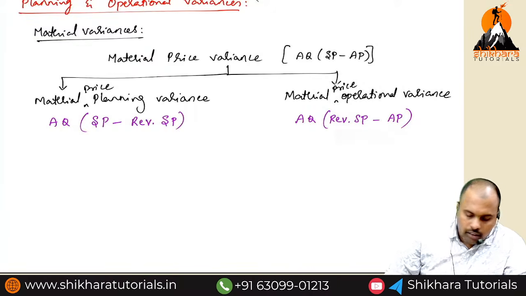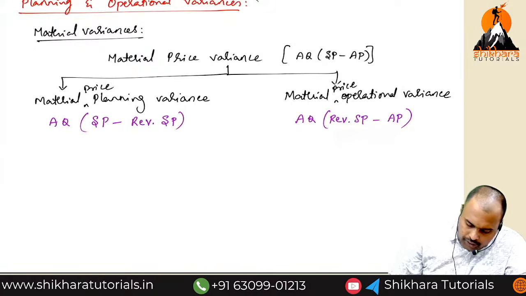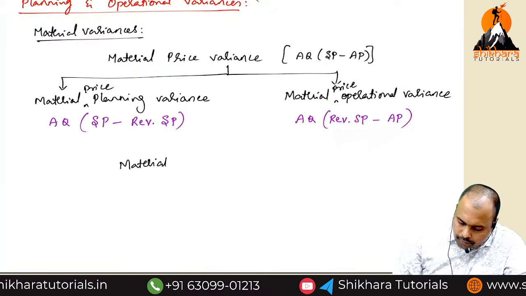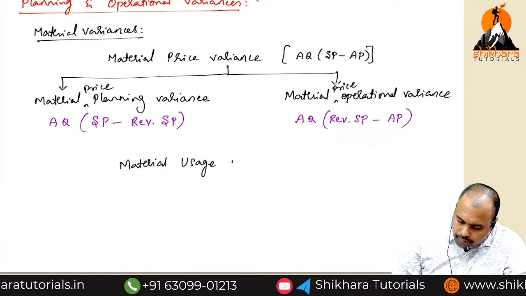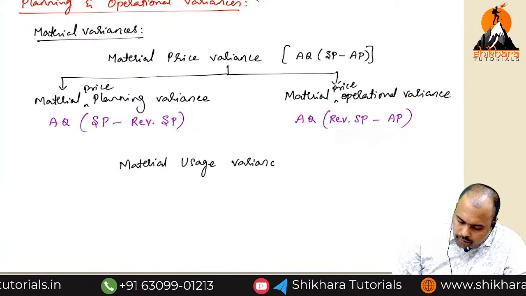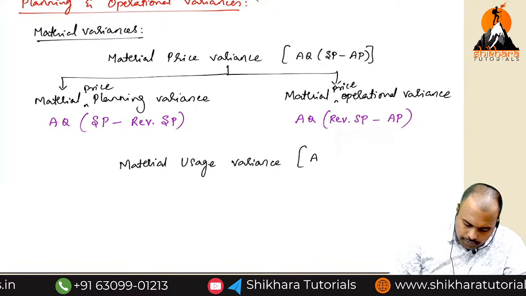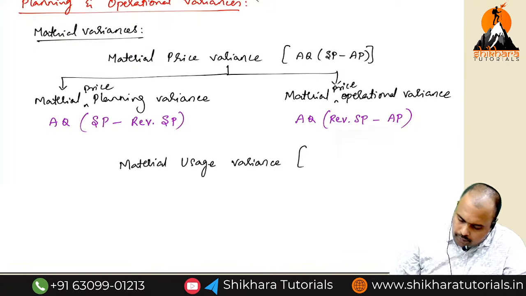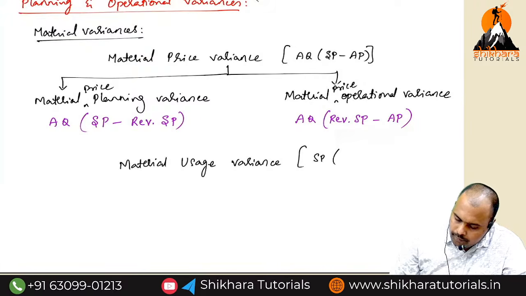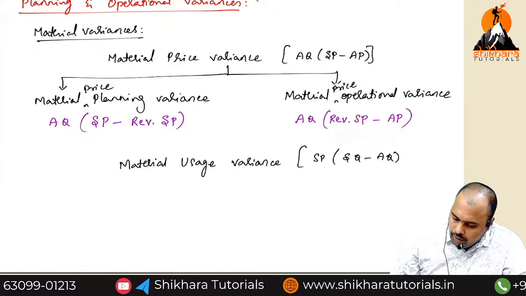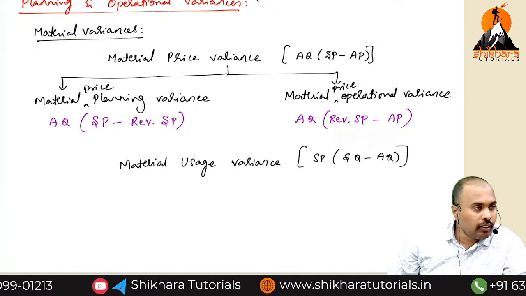Clear with this? Now, what about the material usage variance regular formula? SP into standard quantity minus actual quantity. This has to be the regular formula, right?